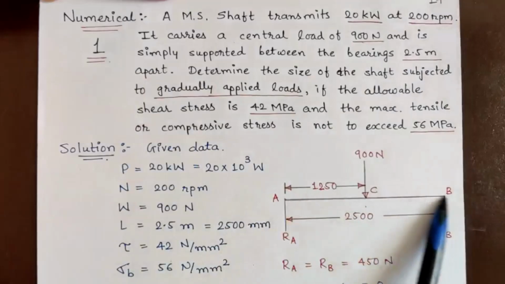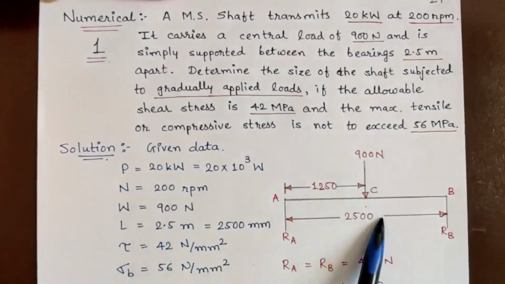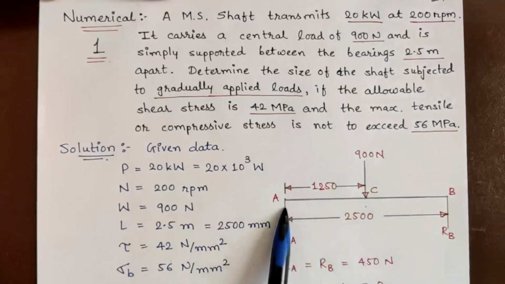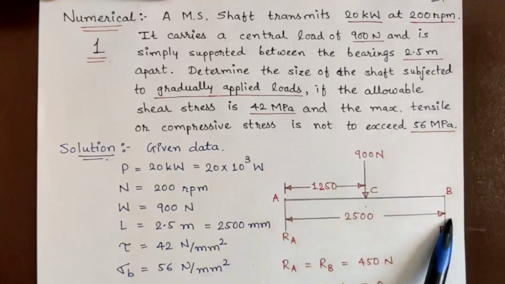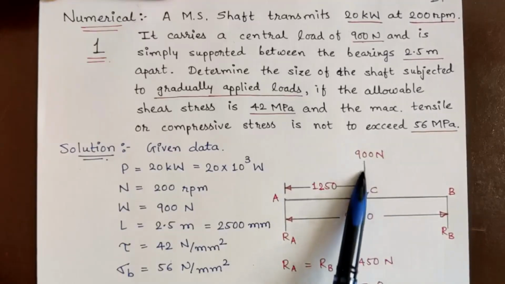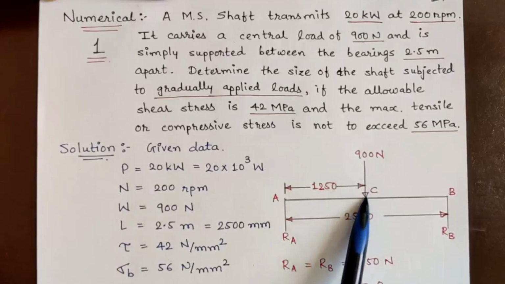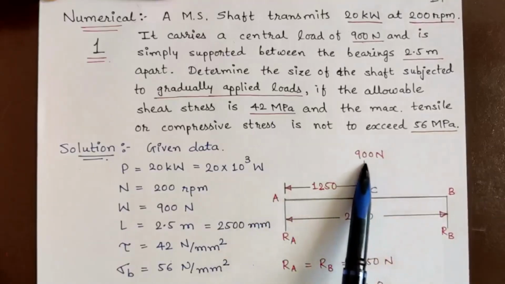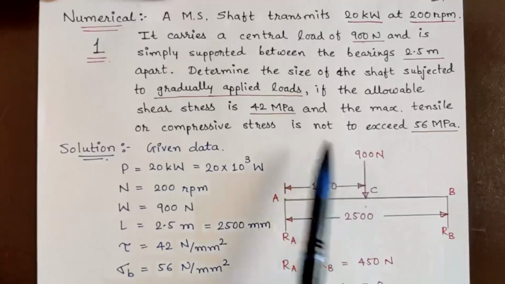We can consider this case by this simple figure. This AB represents a shaft with simple support, so two supports at A and B. It is applied by a central load acting at the mid length of the shaft having 900 Newton magnitude.